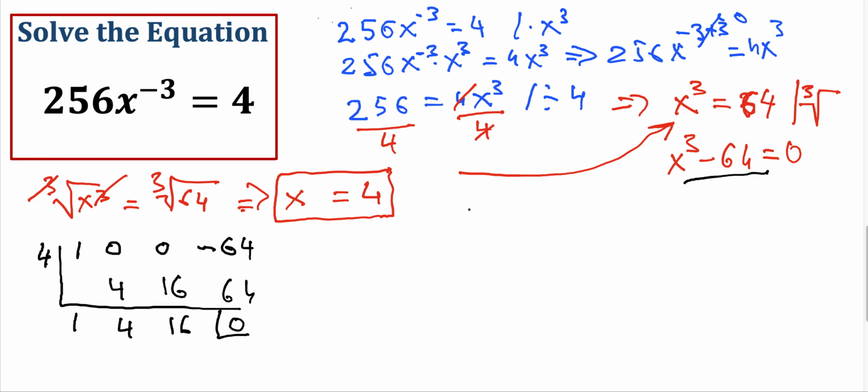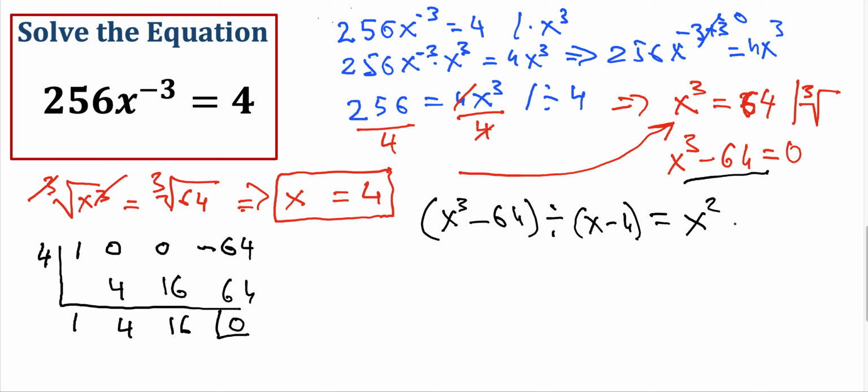Now what do we have here? If I'm dividing x cubed minus 64 by x minus 4, it is going to be x squared plus 4x plus 16.